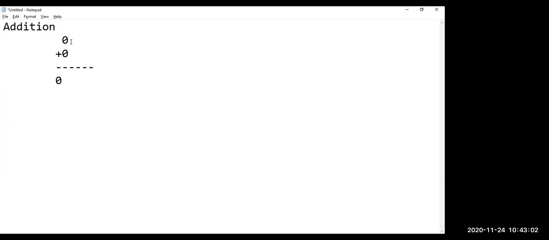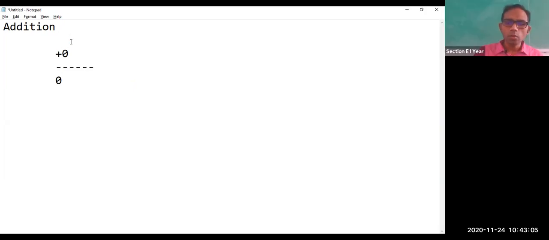Now let us change the inputs. 1 plus 0, the result will be 1. Next, let us change the inputs, that is 0 plus 1.